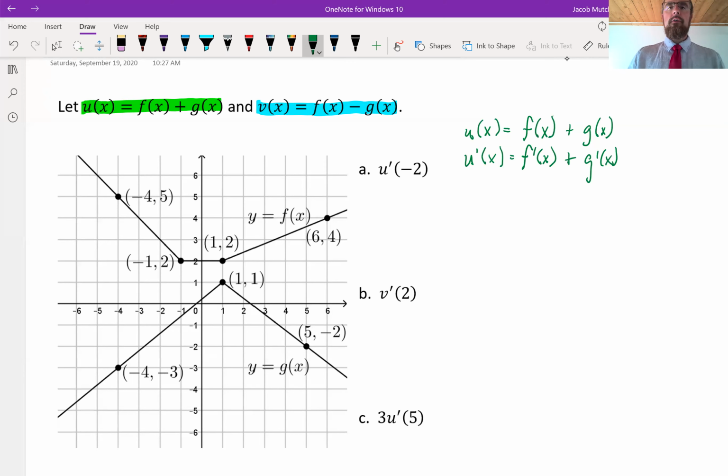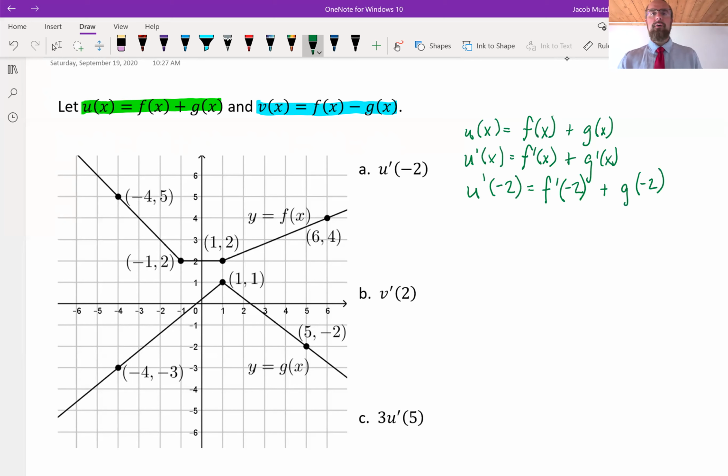Well, on a linear function, the slope of the tangent line is the same as the slope of the function itself. So when I say u prime at -2, that's the slope of the f function at -2 plus the slope of the g function at -2.